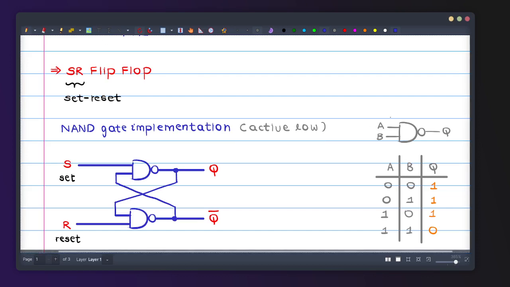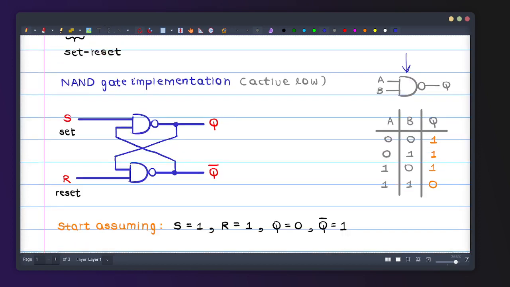Now, to understand how the NAND gate system works, we need to first realize the NAND gate's truth table. A NAND gate is basically an AND gate, but the output is inverted. So what that means is 0 and 0 is 0, but its invert would be 1. 0 and 1 would be 0, its invert would be 1 again. 1 and 0 would be 0, which means that 1 and 0 passed through the AND gate and was inverted, which resulted in the 0 becoming a 1.